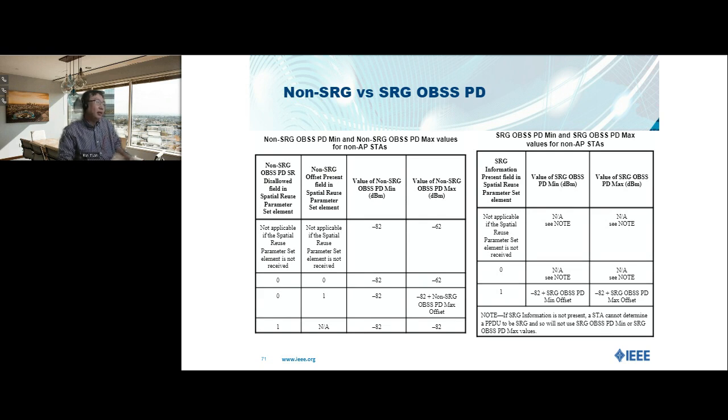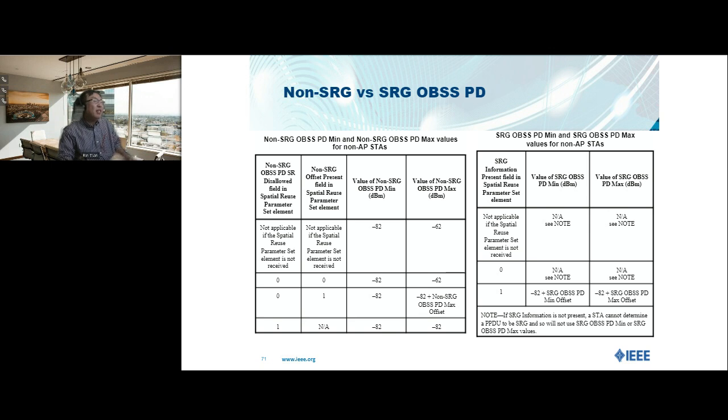Essentially this is what these two tables tell you. On the right-hand side, SRG-based OBSS PD is basically for enterprise deployments or other cases where several APs have common coordination and want to work together for the common good.